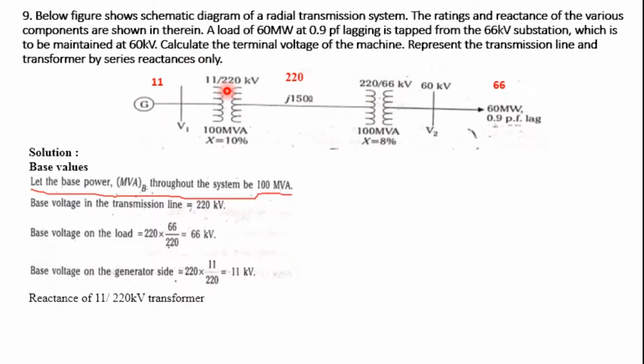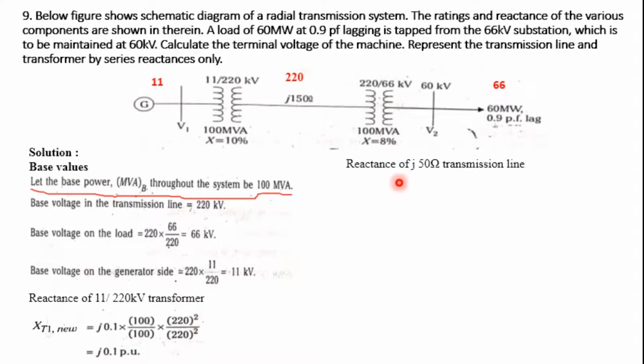We know the formula: Xt1 new is equal to Xt1 old into MVA base new by MVA base old into kV base old square by kV base new square. We are considering the transmission line side. For the new value and old value, we are assuming the transformer is 100 MVA base. So 100 by 100 into what is the voltage? This is also 220, this is also 220. I will get 0.1 per unit.